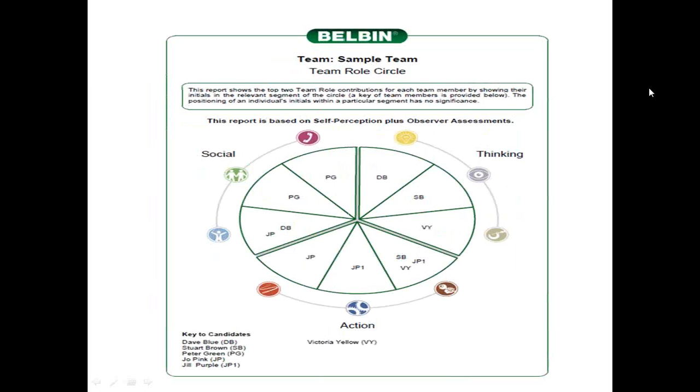Okay. This takes the team and puts it into what we describe as the team roles circle. And I'm going to ask Peter in a second to look at social thinking and action, because some of those roles are important. But for the moment, if we just take a look in the center of that particular slide, you will see that there is very much a broad outline on this team. In other words, all the circles are filled.